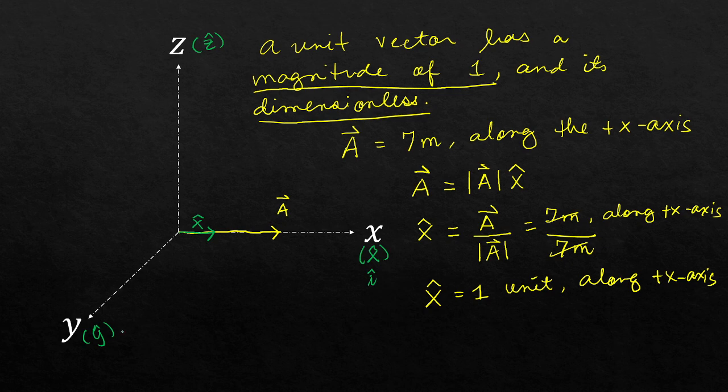For the y-axis, they use j hat, and for the z-axis, they use k hat. Okay, but nonetheless, they convey the same meaning. Now there are also other notations available for this.